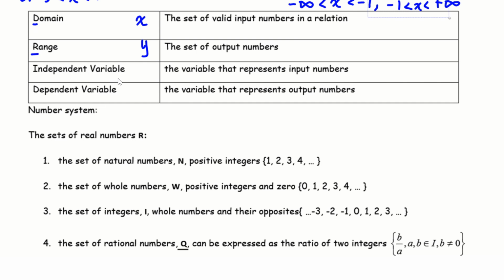So the independent variable is x. The dependent variable is a variable that depends on x. So independent is input and dependent is output.